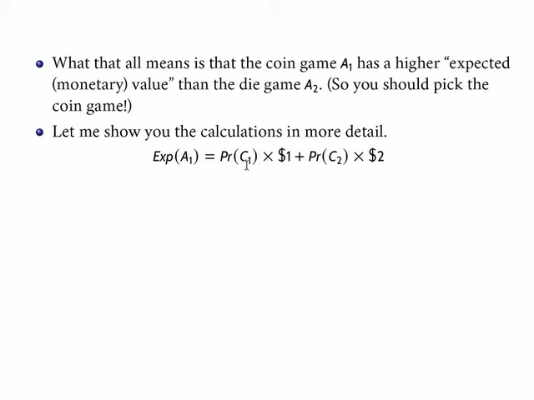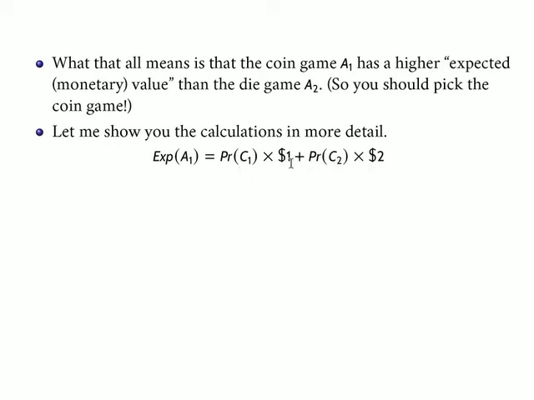So here, you take the probability of the coin landing heads times the amount of money you'll win in that case, and you add it to the probability of the coin landing tails multiplied by the amount you win. Another way of thinking about this is that you're weighting the value of the possible outcomes by their probability.